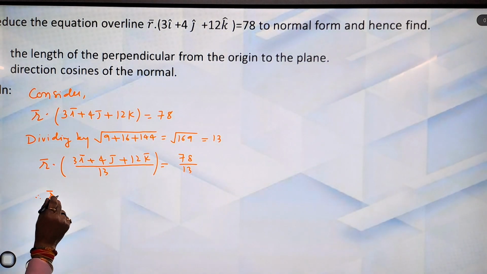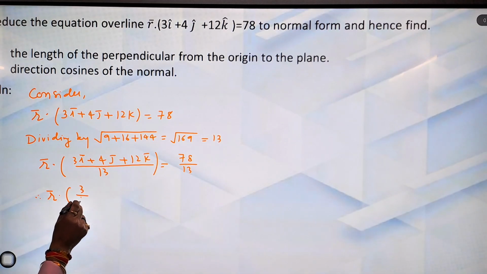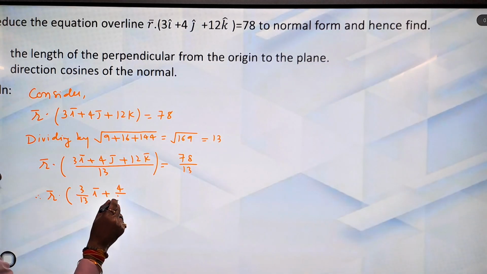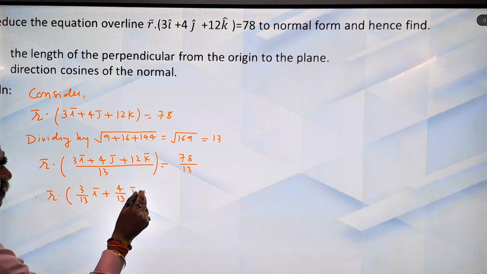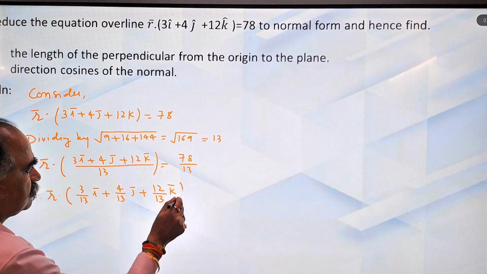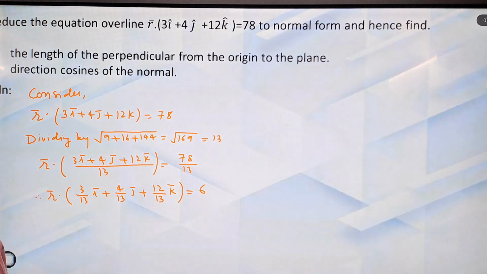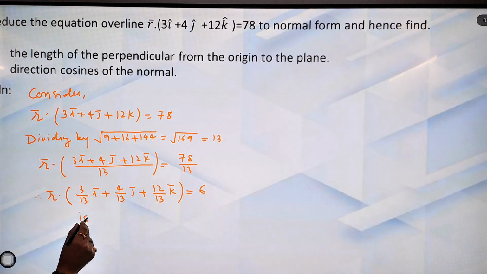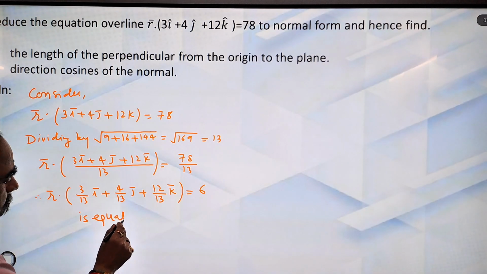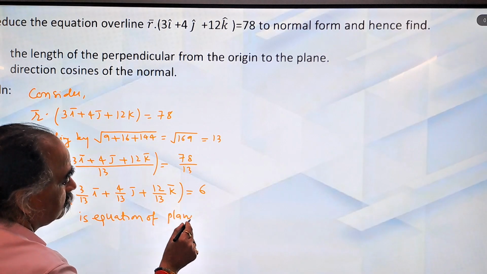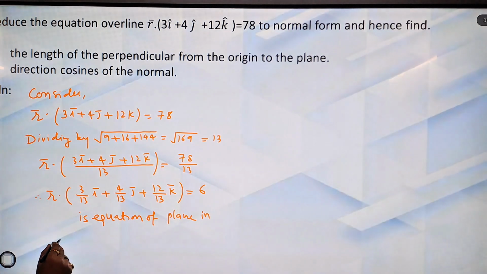So r bar dot 3 by 13 i bar plus 4 by 13 j bar plus 12 by 13 k bar is equal to 6 is equation of plane in normal form.